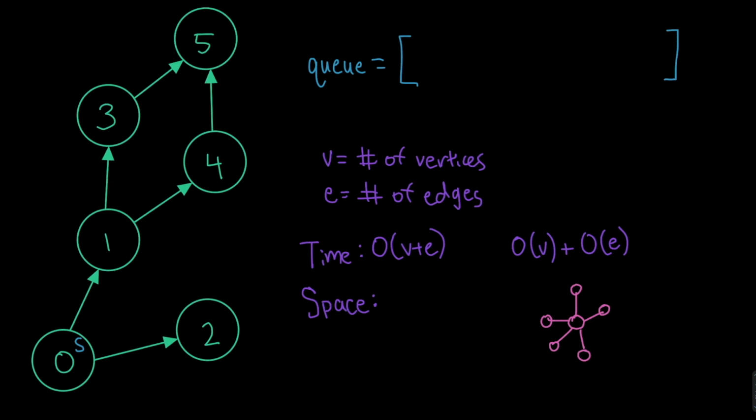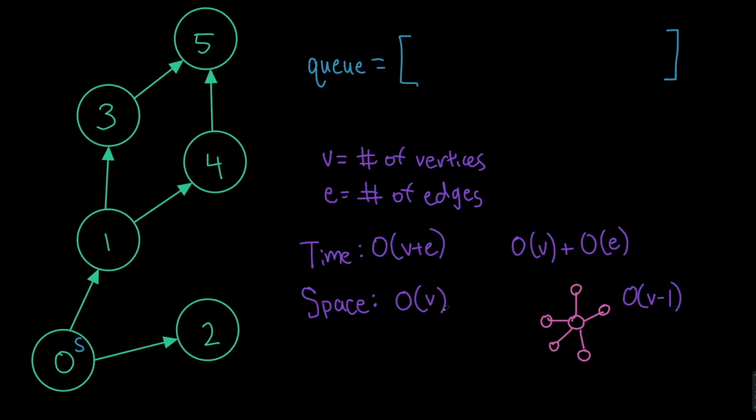So you can imagine that in that scenario, the space complexity is going to be O of V minus 1, right? Because we are processing every vertex except for one of them. And we know with complexity, we don't care about a minus 1 if we have V. So the overall space complexity is going to be O of V, because in the worst case scenario, you could have all of your nodes except for one inside of the queue.